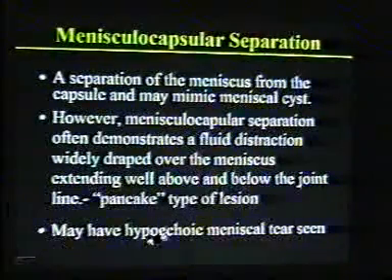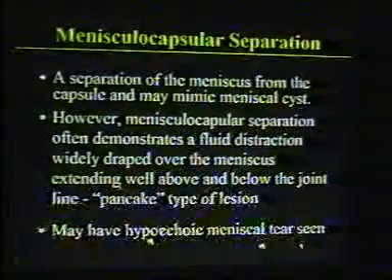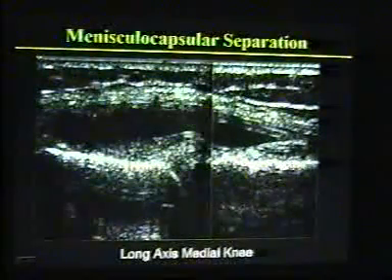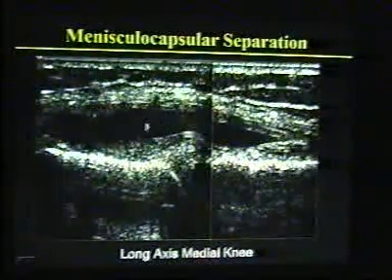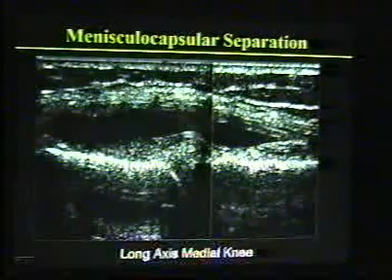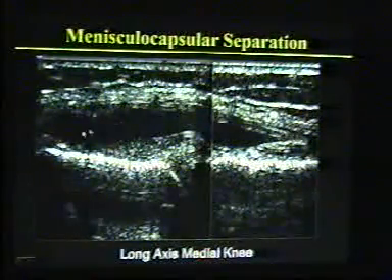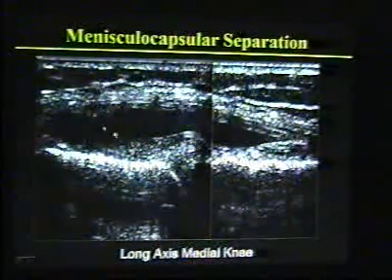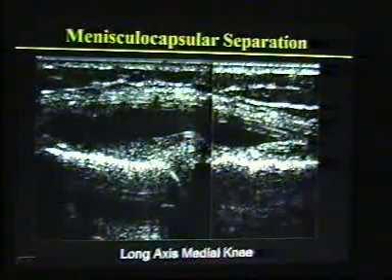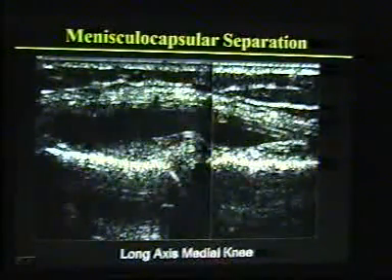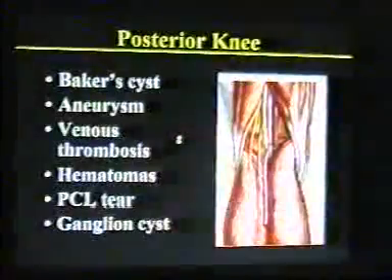May have hypoechoic meniscal tear seen. There is menisculocapsular separation. There is meniscus, and you can see the capsule is separated, and there is a pancake shape area which is separating the capsule from the meniscus.